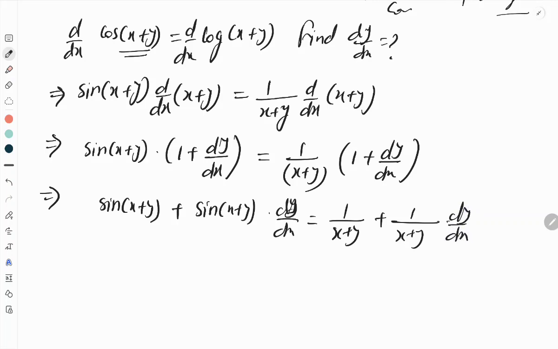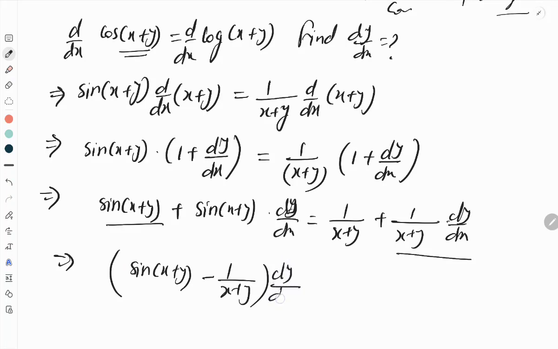Okay, collect dy/dx. This time I am taking this side, this time I am taking that side. So sin(x + y) dy/dx I am taking common, and this term will be here, minus 1 upon (x + y). Okay, dy/dx is equal to 1 upon (x + y) minus sin(x + y).